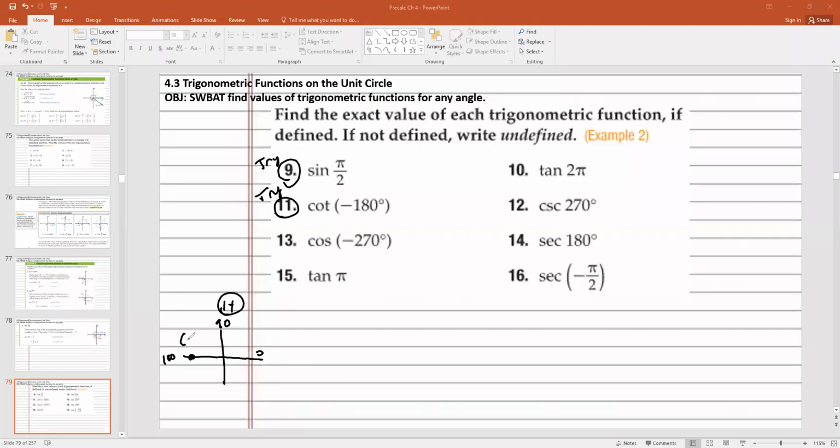All right, so this is going to be negative 1, comma 0. And if that's the case, secant of 180 degrees is going to give us, remember secant is r over x. So we have to find the r.